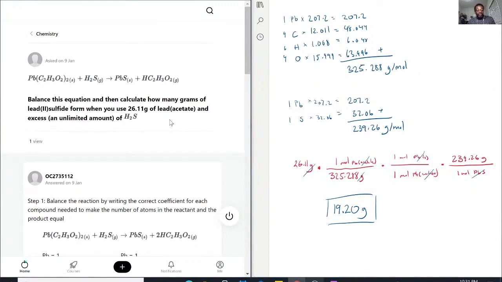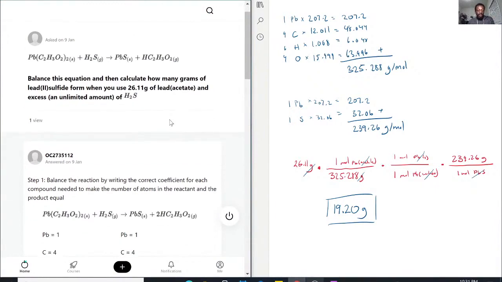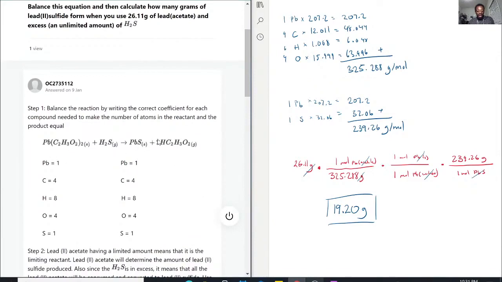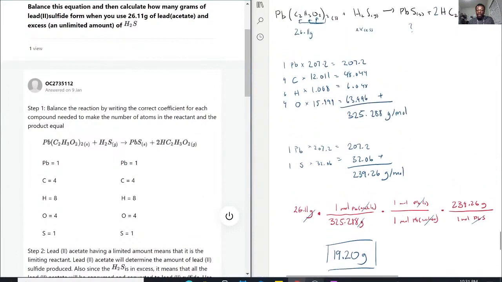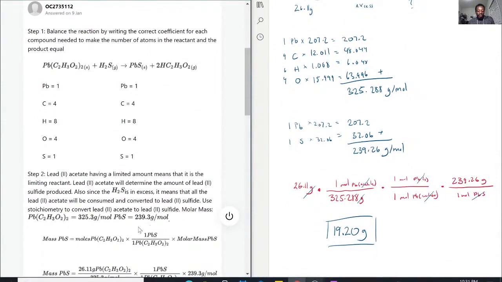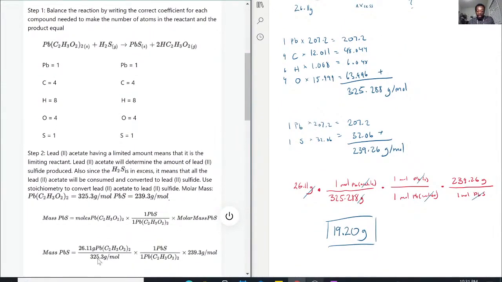So, with that being said, let's see what our colleague got. We have this, and they did balance it out, which is perfect. All they did was add the 2 there, as we did. Okay, and they got the formula here, and they got 325.3, which is close to what we got, and they got 239.3, which is close to what we got as well.